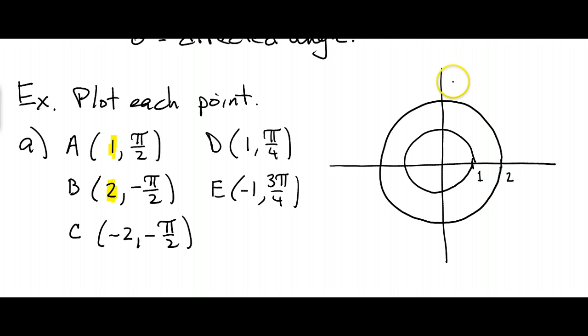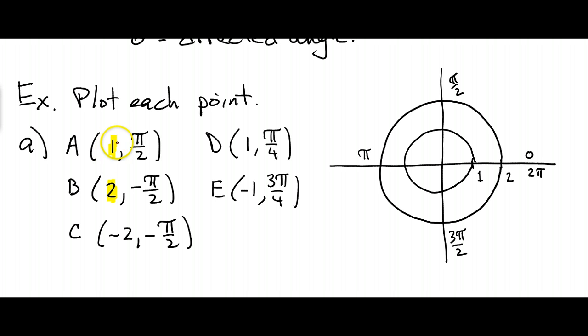Just as a little review, remember this is pi over 2 at the top. This is pi over here. Down at the bottom is 3 pi over 2, and then we would start at 0 and come all the way back around to 2 pi. So when we're plotting point A at 1, pi over 2, we're always going to go either to the right or to the left, depending on whether r is positive or negative.